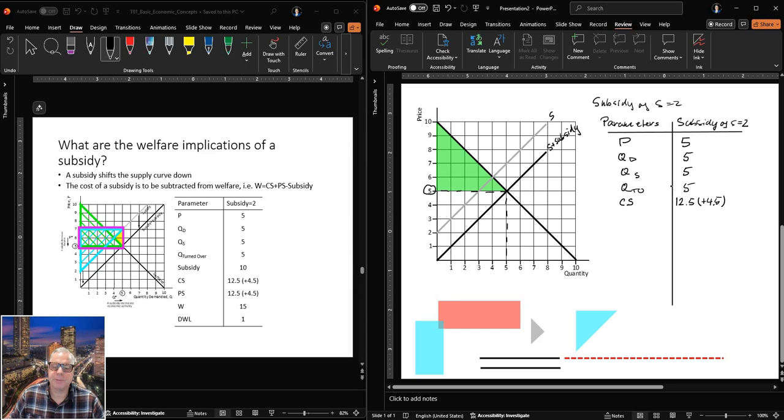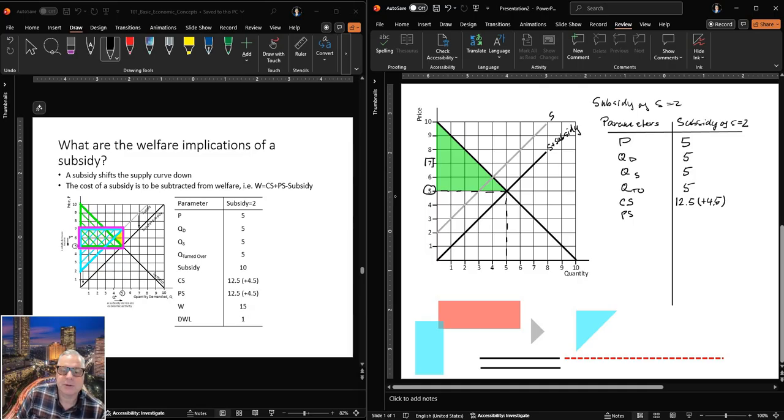Okay, so now what about the producer surplus? So the producer surplus is, again, on the supply function we have the true reservation price. So that means the net price that the producers get, they get 5, but for every unit that they sell, they still get the subsidy.